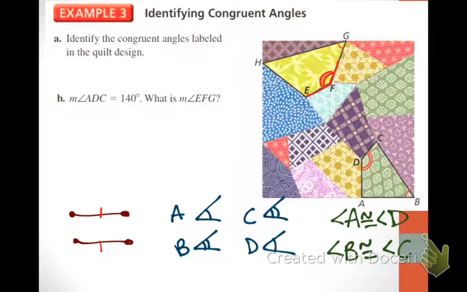So what is angle F going to be congruent to in the other picture? Angle D. Because they both have 2 arcs. All right, and then what's the other set of congruent angles? Angle G and angle B. Angle G is congruent to angle B.